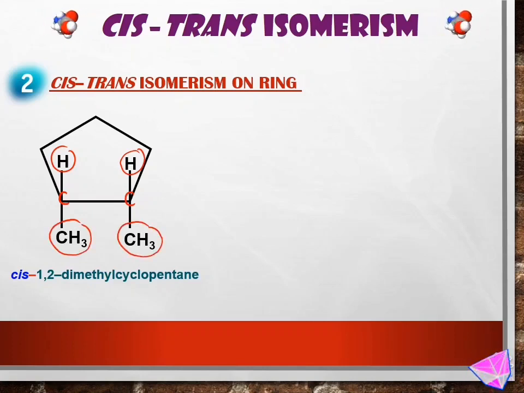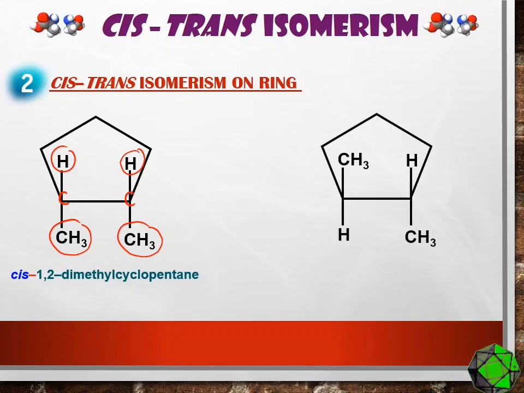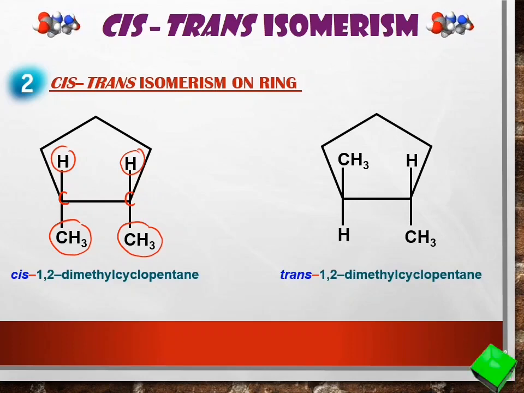So this is the cis isomer. How about the trans isomer? Yes, we just exchange the position so it becomes the opposite side, like this. So this we call the trans isomer. Understand, class? Okay, so we have finished cis-trans isomers.